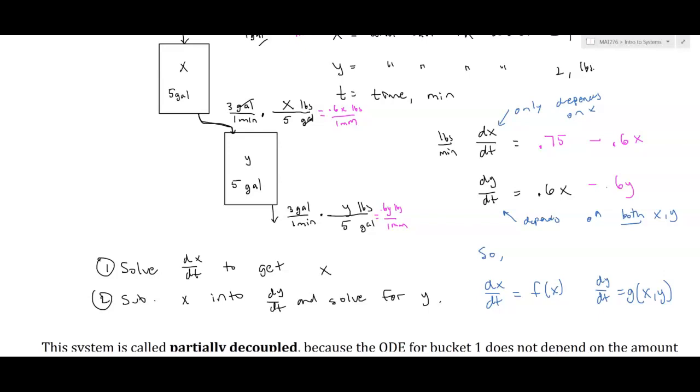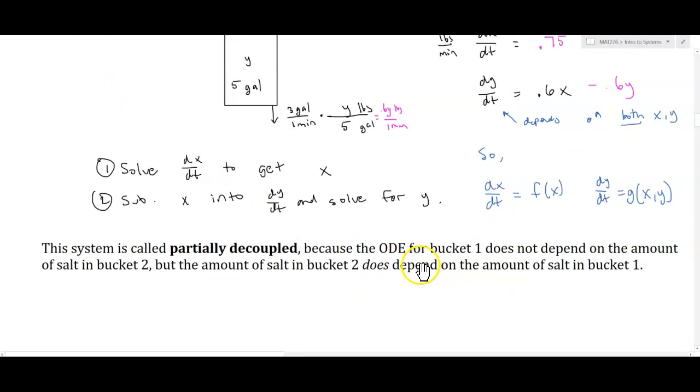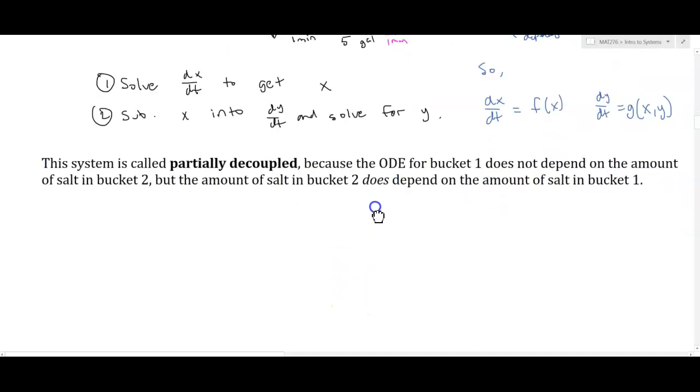We called this a partially decoupled system because the ODE for bucket 1 does not depend on the amount of salt in bucket 2, but the amount of salt in bucket 2 does depend on the amount of salt in bucket 1. If these were reversed, if dy dt was only a function of y, but dx dt was a function of both x and y, then we would call this still a partially decoupled system.